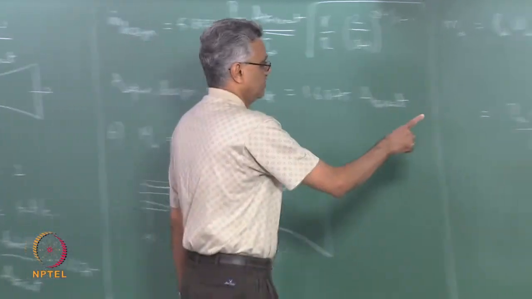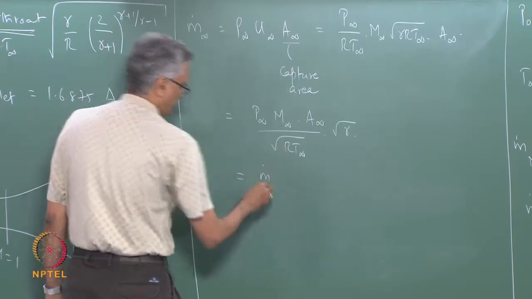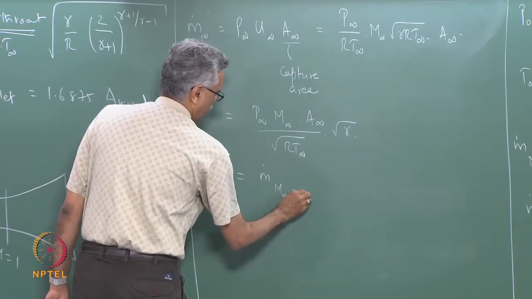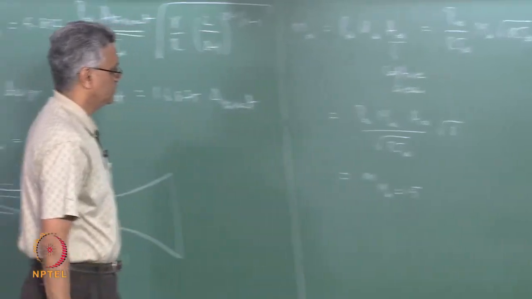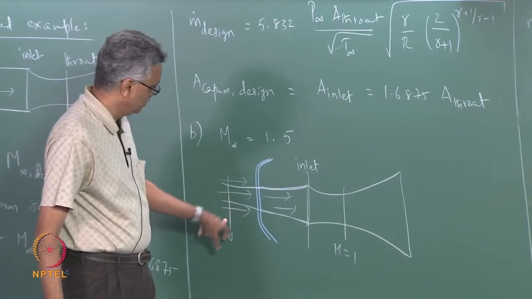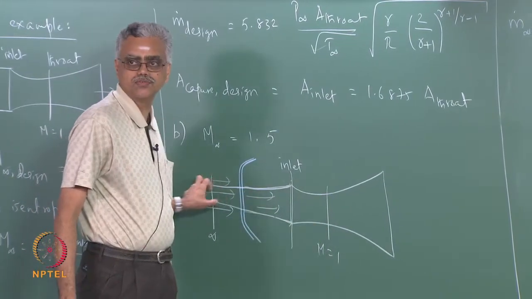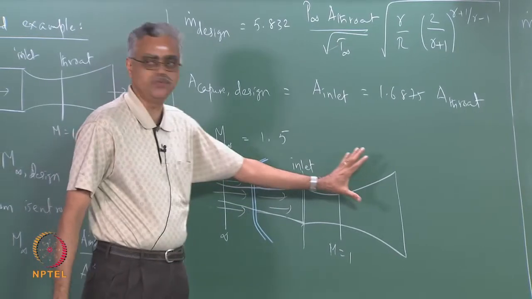So, we are going to set this equal to m dot corresponding to M infinity equal to 1.5, right. The same mass flow rate that passes through the stream tube at this section will also pass through the stream tube at the inlet as well as the throat section. So, the mass flow rate remains the same because it is the same stream tube, right.